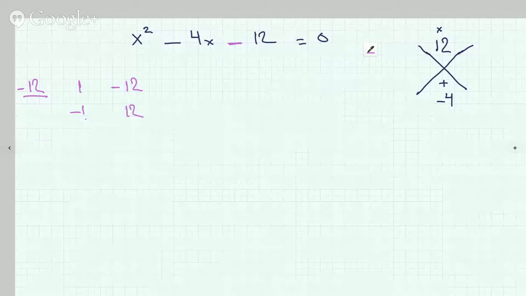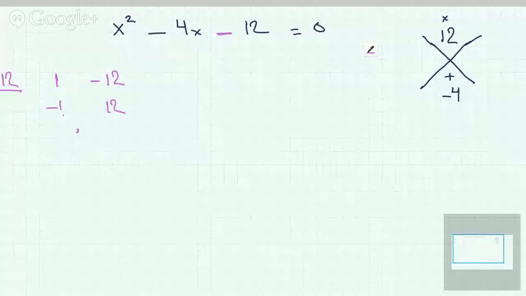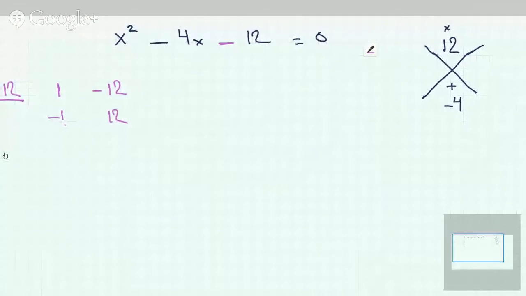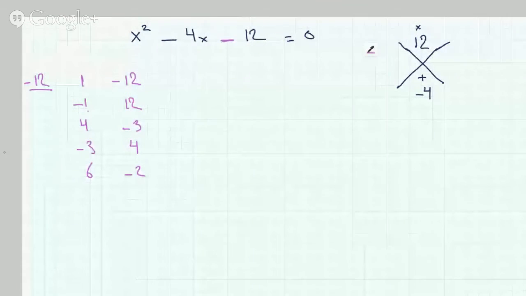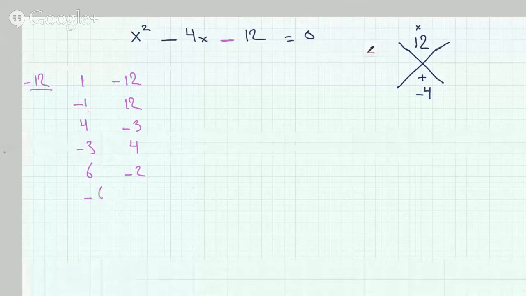That also multiplies to minus 12. There's the 4 and the minus 3. And there's also the minus 3 and the 4. There's the 6 and the minus 2, or the minus 6 and 2.